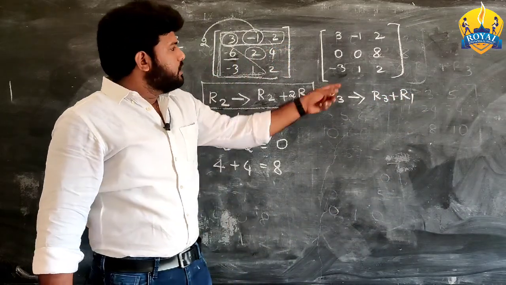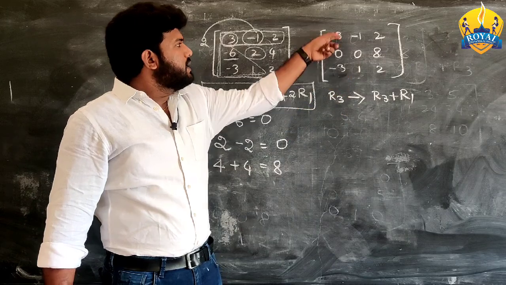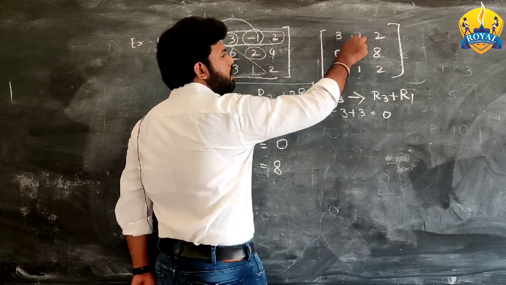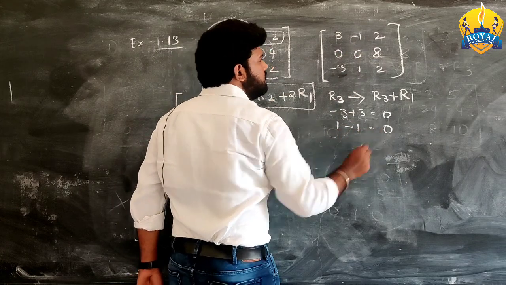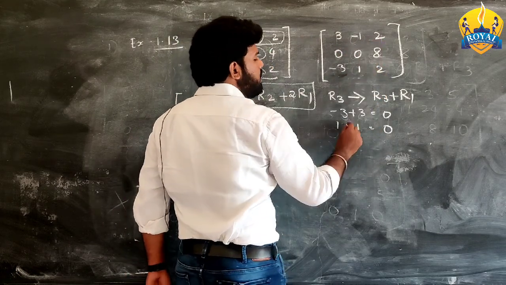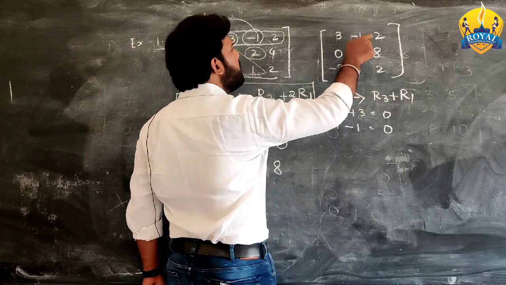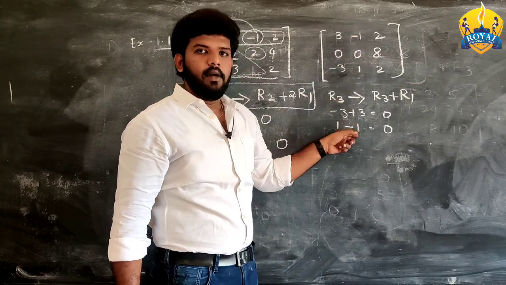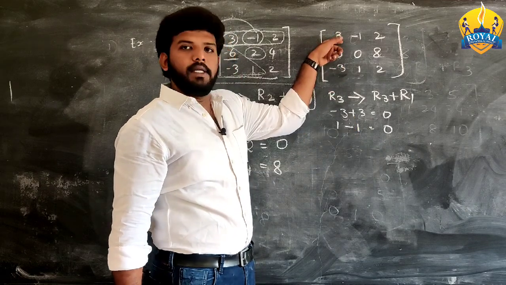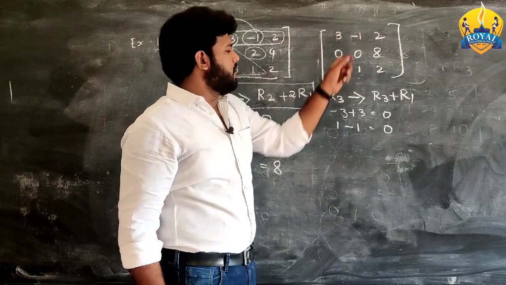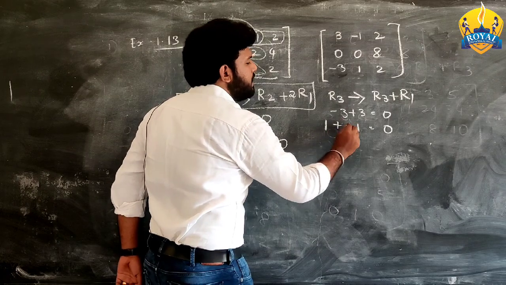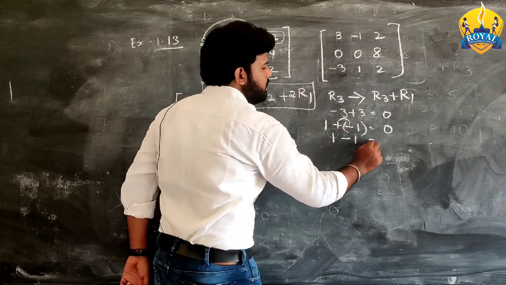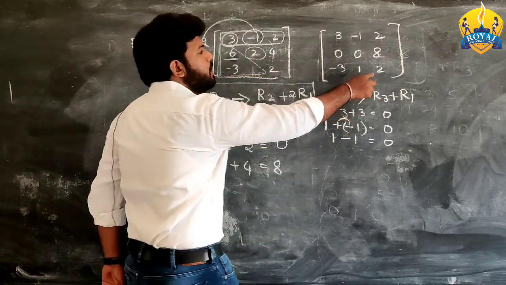That's all, right? Now write it below and see. Minus 3 plus 3 is equal to 0. 1 minus 1 is equal to 0. 1 plus minus 1: plus into minus is minus, we know this rule.